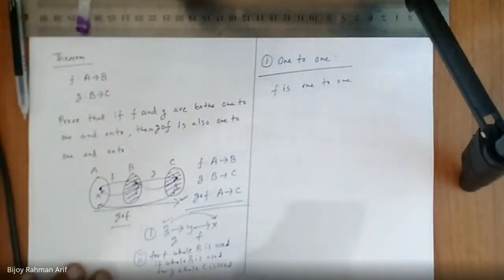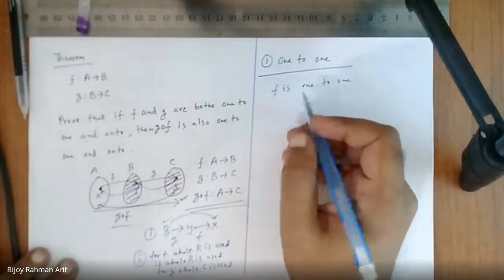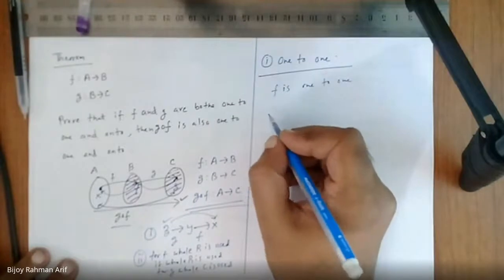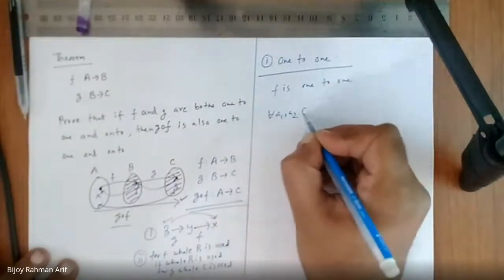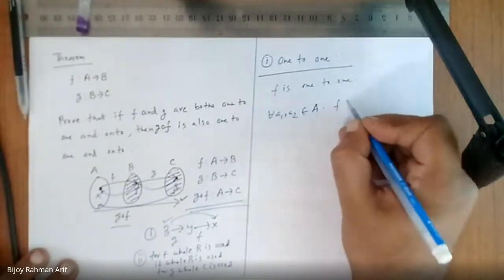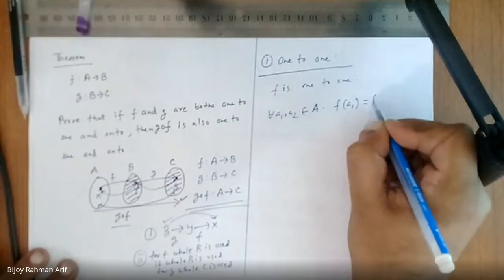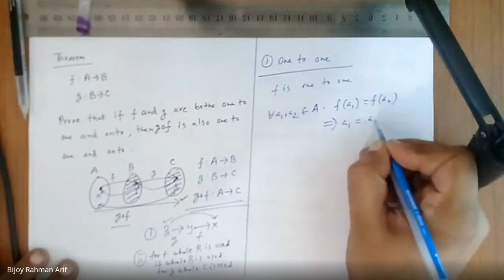So what is the definition of a one to one function? For all A1, A2 belongs to A, F(A1) equal to F(A2) implies A1 equal to A2.